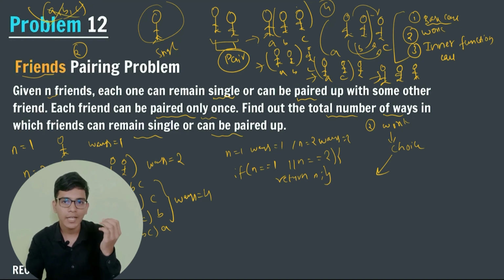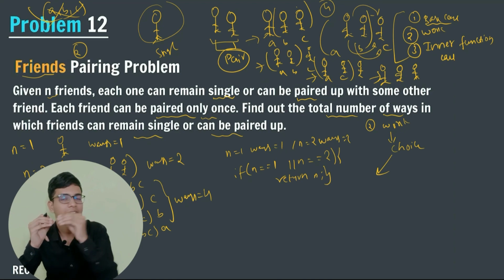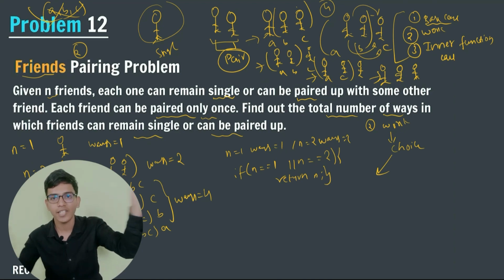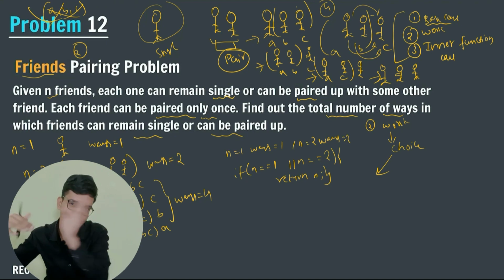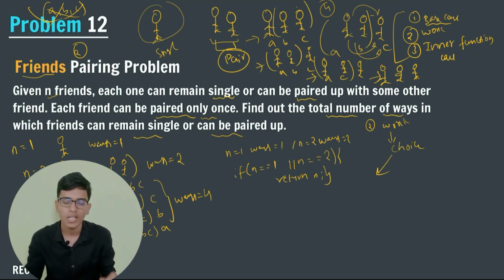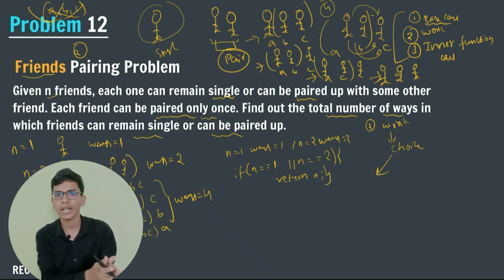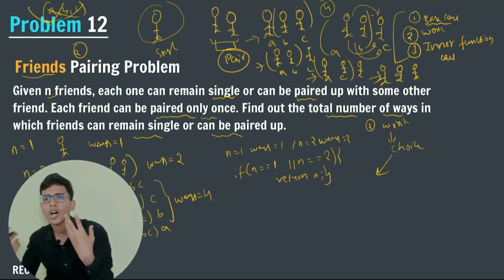And if a person pairs with another person, then he can't pair with anybody else, because he has already paired with some other person, right? I hope you understood. So at every recursion call, a given person can make two choices: either he can remain single or he can form a pair.